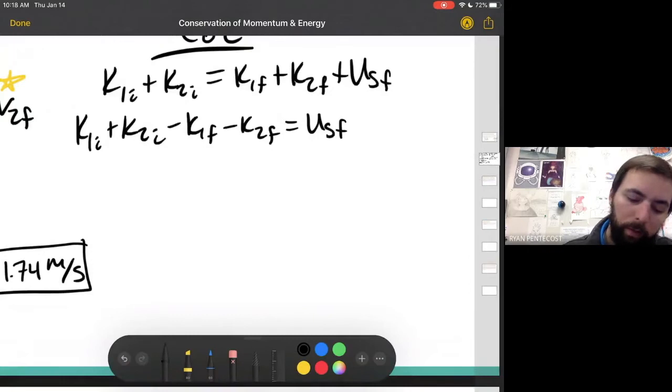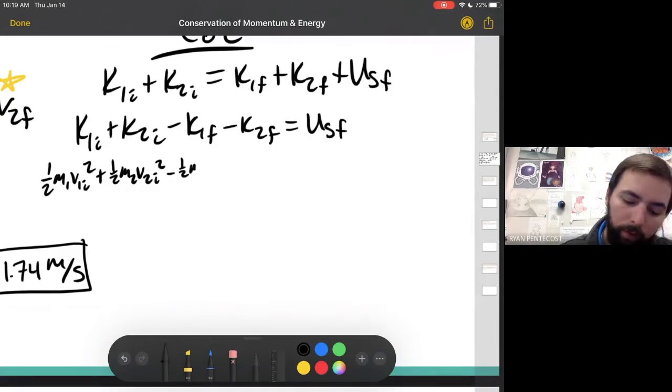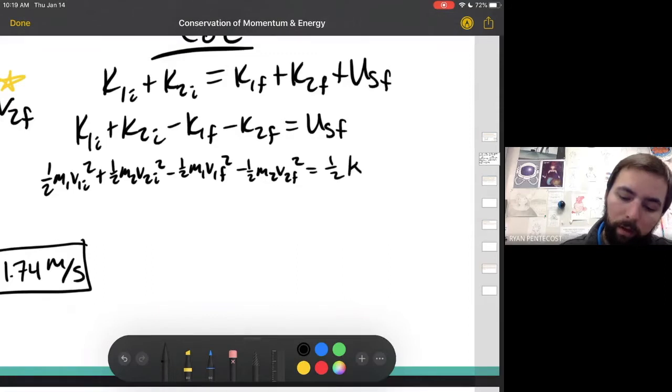Now we'll have to expand all this out. We have 1/2 M1 V1 initial squared plus 1/2 M2 V2 initial squared minus 1/2 M1 V1 final squared minus 1/2 M2 V2 final squared equals 1/2 K delta X squared.